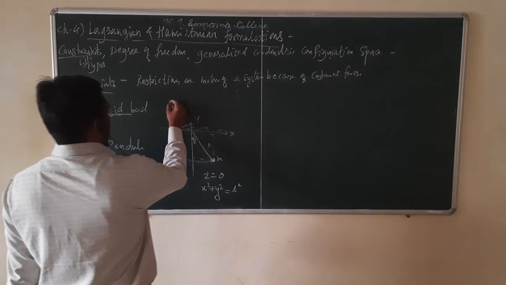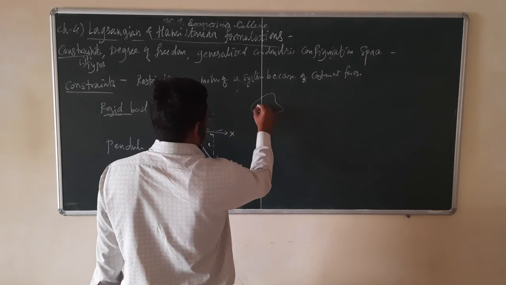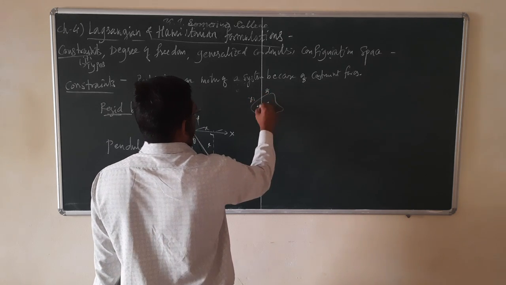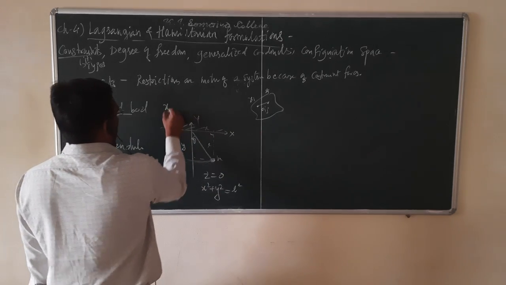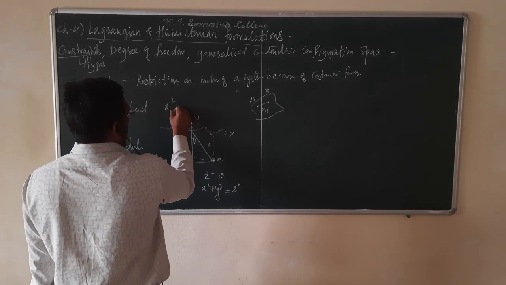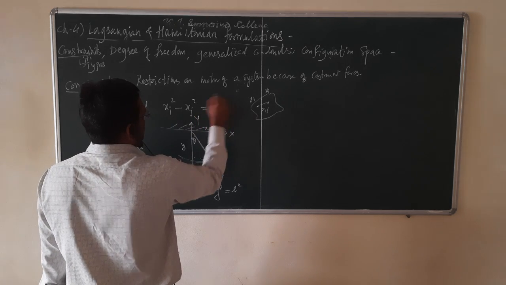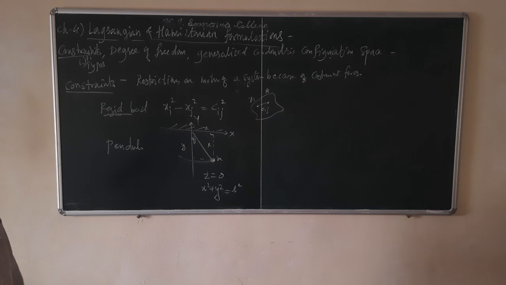So suppose this is a rigid body, and these are the two particles xi and xj, and this distance is cij. We can say xi minus xj whole square is equal to cij square. So this is the constraint equation for a rigid body. Now for the pendulum, these are the two constraint equations.